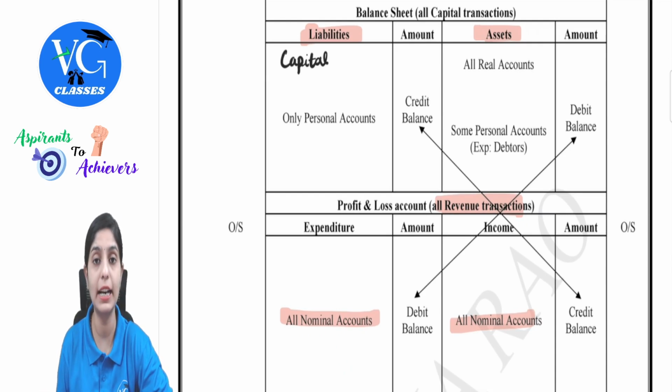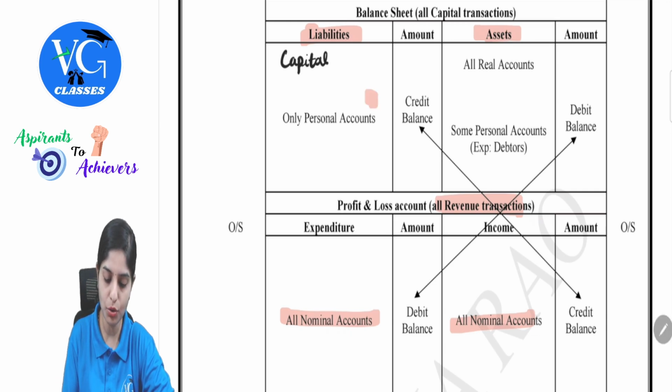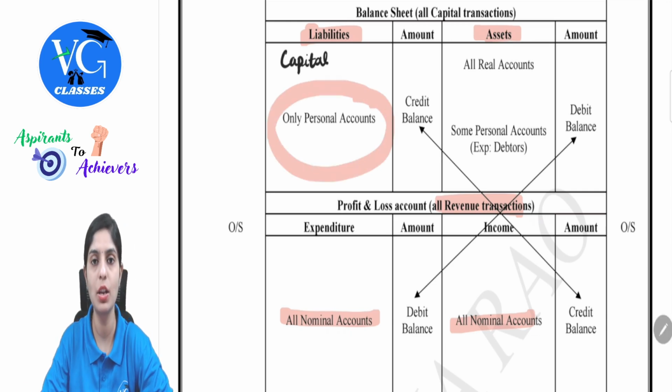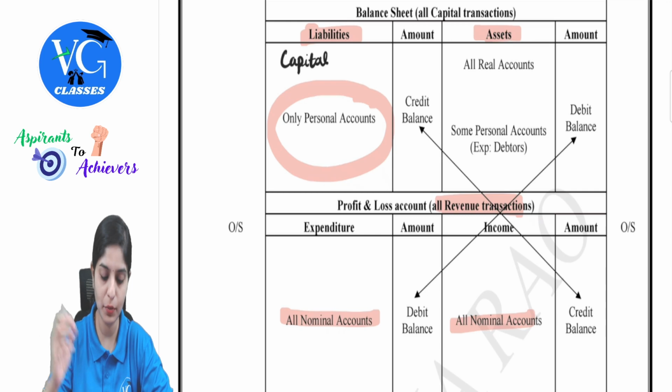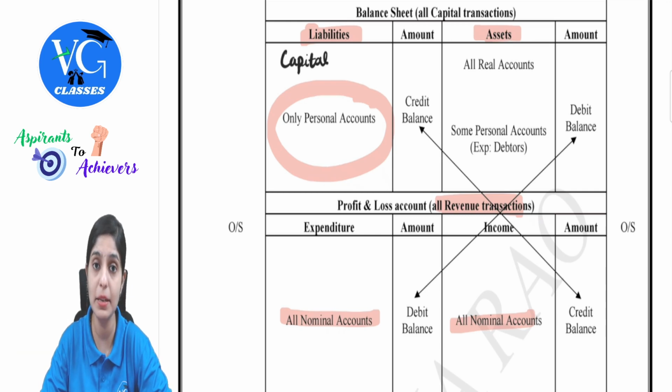Whereas if you observe the liability side, it includes only those accounts which are in the nature of personal accounts. For example, if I have any bank loan, any creditors in my business, any long term borrowing, those represent personal accounts. So that will be reflected here under the liability side. Look onto the asset side.